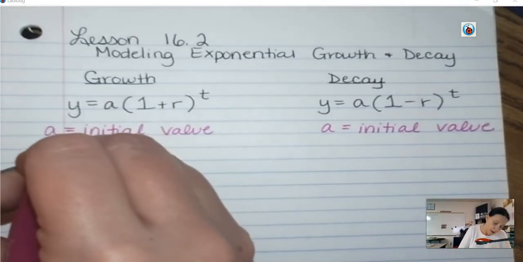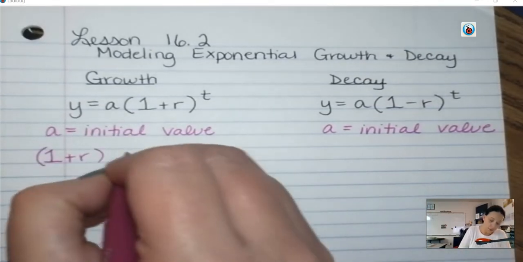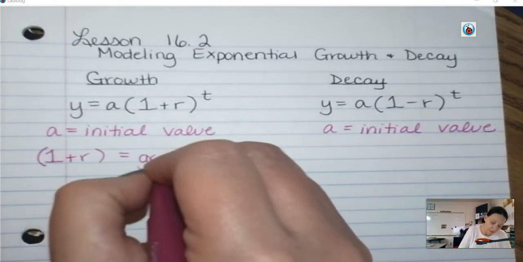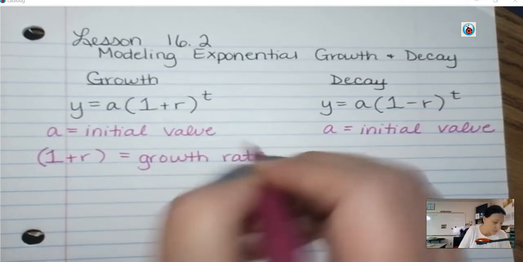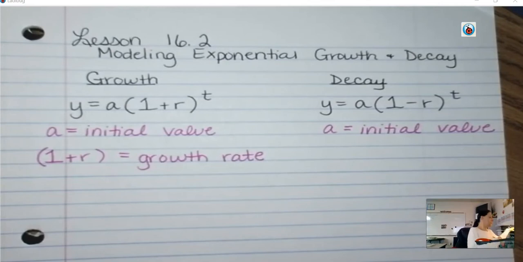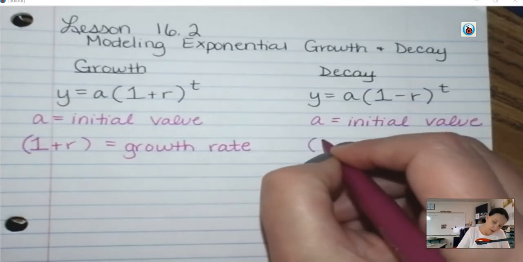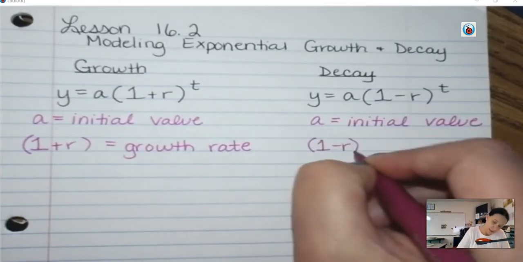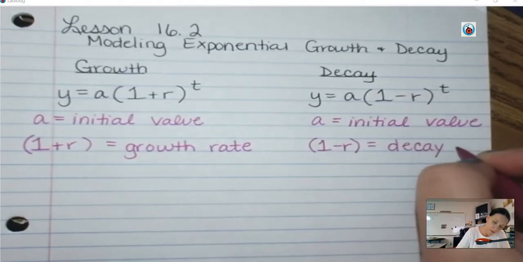The 1 plus r stands for the growth rate. The 1 minus r stands for the decay rate.